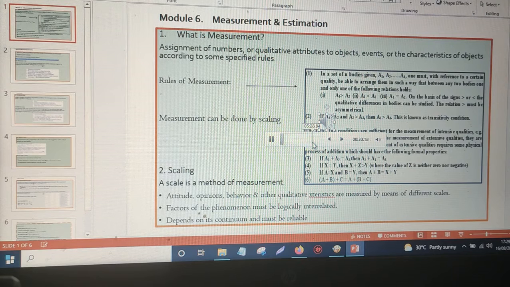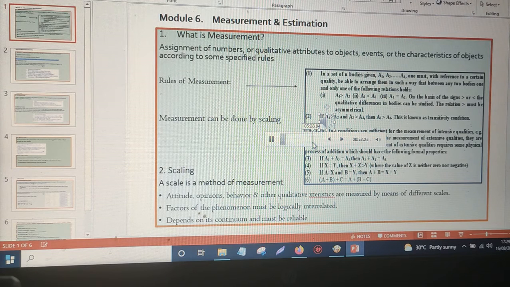Now, measurement is the assignment of numbers or qualitative attributes to objects, events, or other characteristics of objects according to some specified rules. Now, there are two broad measurement categories.